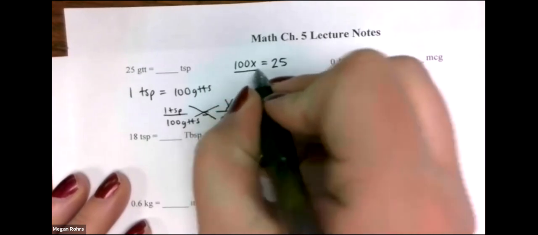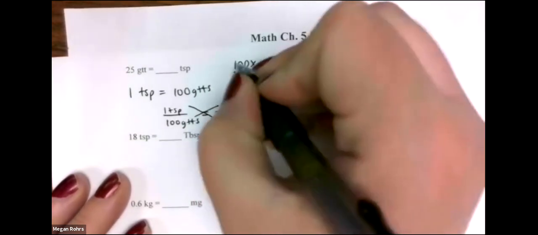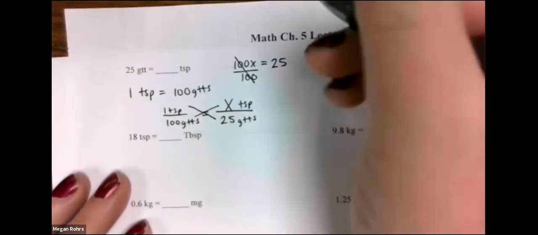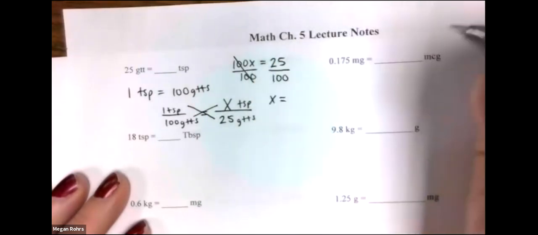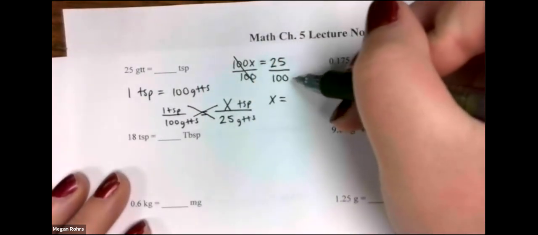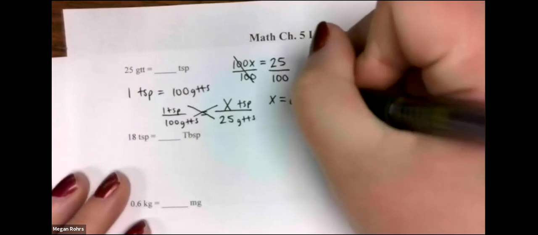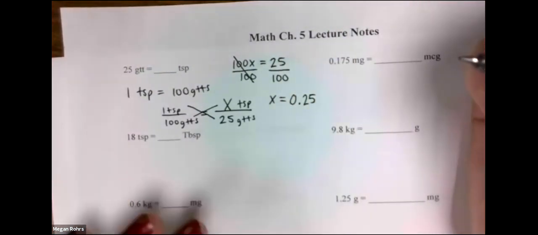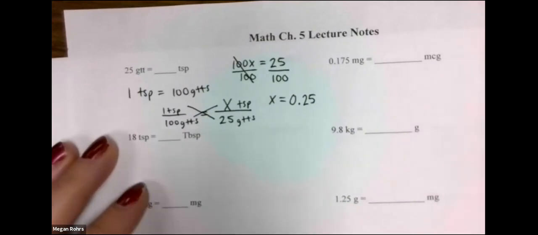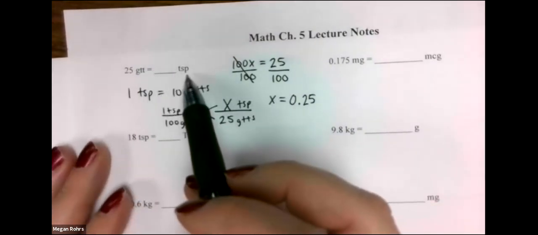I need to divide by 100 here, so that will go away, and then divide by 100 here. So x equals 25 divided by 100, which is 0.25. So that is 0.25 teaspoon.